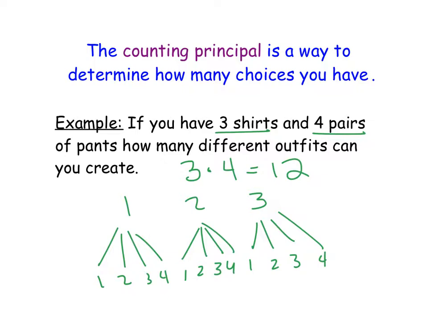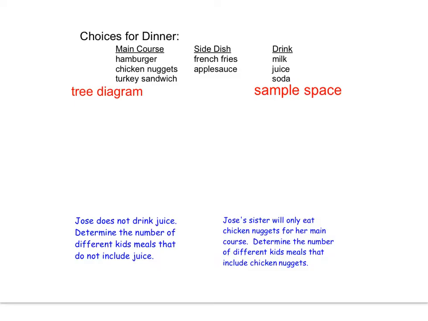Blue, pink, whatever colors you have. So if you look at this, I could have one of the shirts and one of the pants, and then each of the pants. The second shirt in each of the pants, and so on. So the way that this works, 1, 2, 3, 4, 5, 6, 7, 8, 9, 10, 11, 12. So it's simply multiplication.